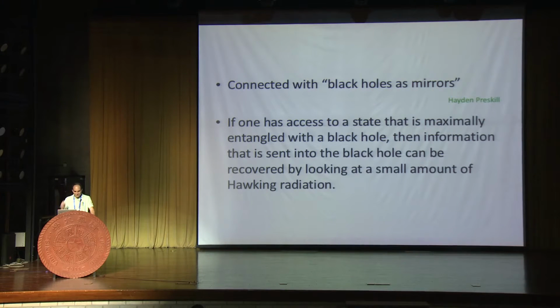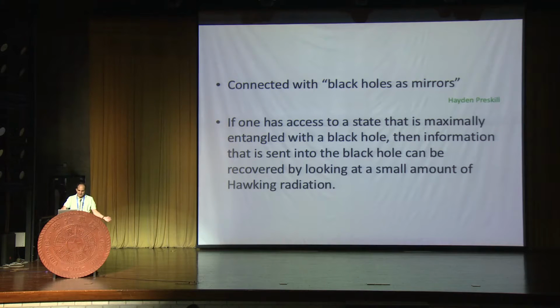Now, this is connected with a previous paper by Hayden and Preskill that they called black holes as mirrors. And at the time, this looked like a very weird property of black holes. And this particular configuration shows explicitly how that works. So what they said was that they consider a black hole that was maximally entangled with some quantum computer that some person had.